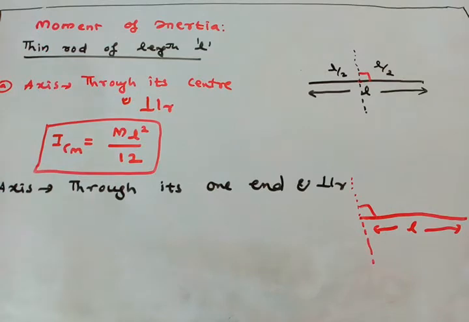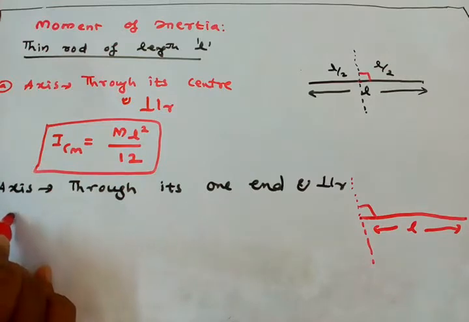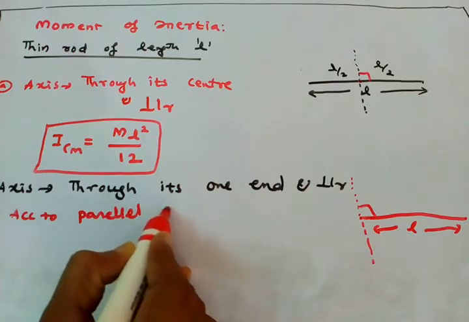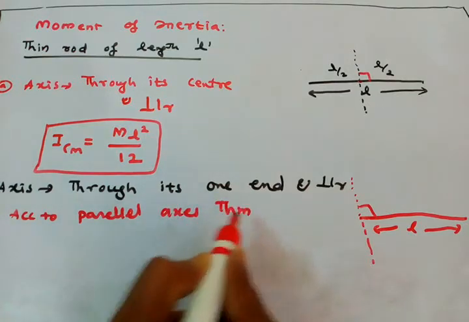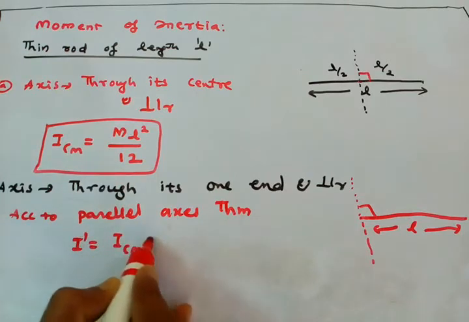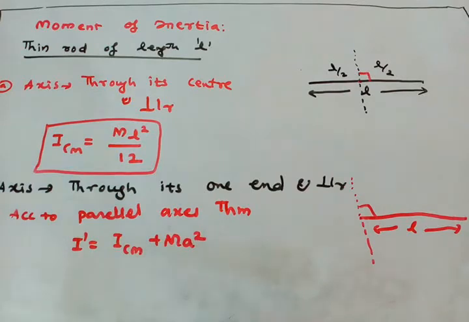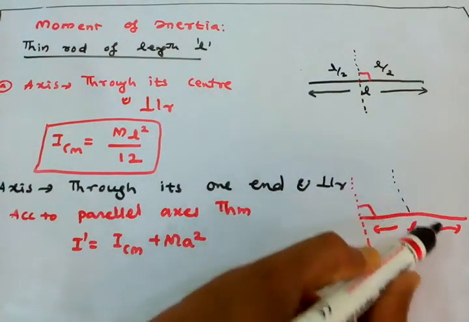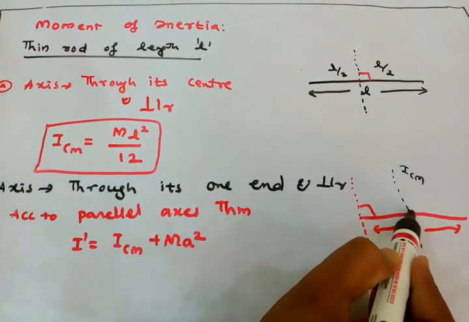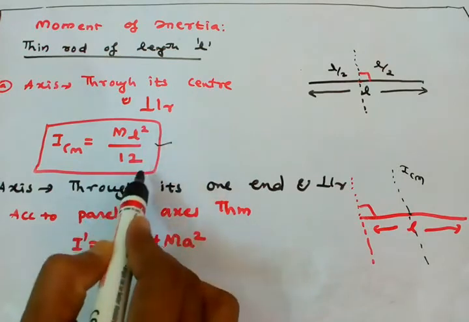So how do we solve this? I already explained in the last videos, according to the parallel axis theorem, I dash equals I_CM plus M A square. Here this is I_CM, and we already know the I_CM value, that is ML square by 12.